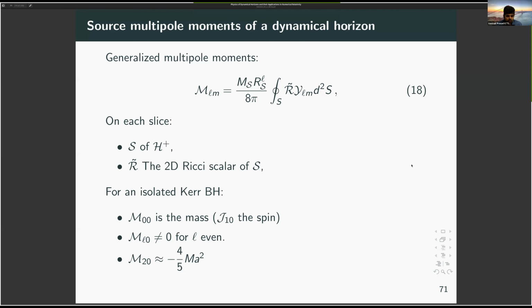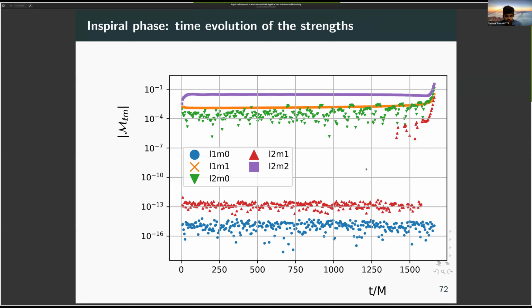And on running numerical simulations and computing these general deformations, what I found, on your screen, is that the dominant contribution, what we were looking at before in the previous part of the talk, was the L2 M0 component. Remember, we didn't have the M index. It is still a quadrupolar deformation, but it is an axisymmetric component of the quadrupolar deformation.